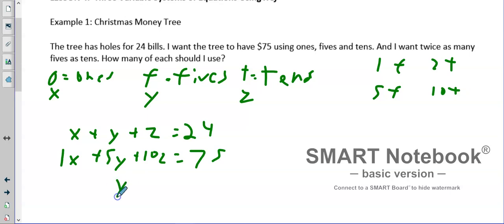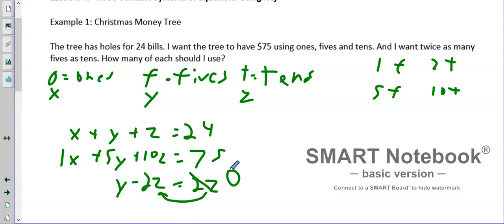So y, which is my fives, is equal to 2z. Now, for a matrix, we need to remember to move this over here. So that'd be y minus 2z equals 0.